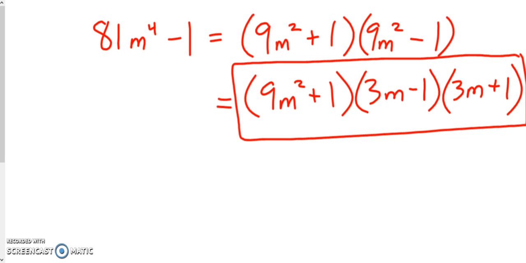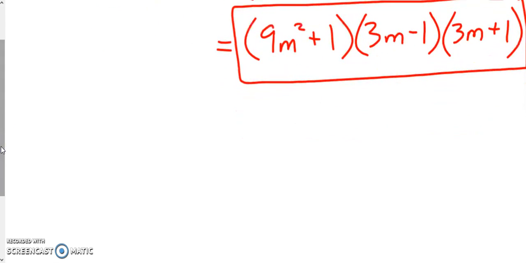All right. Now, let's see what else I have. How about 4xy cubed minus x cubed y?